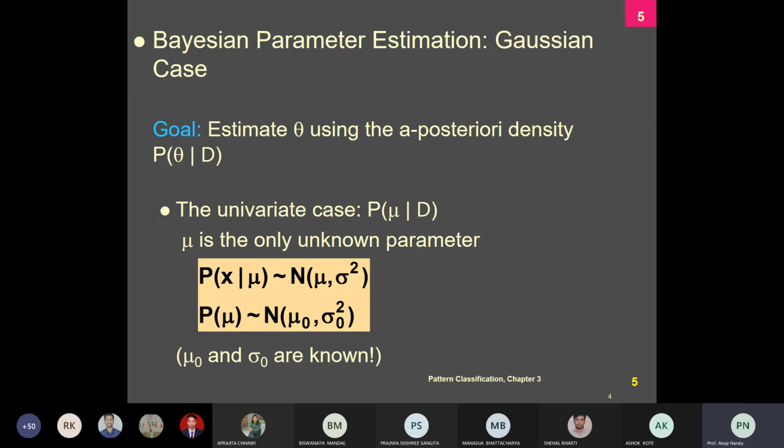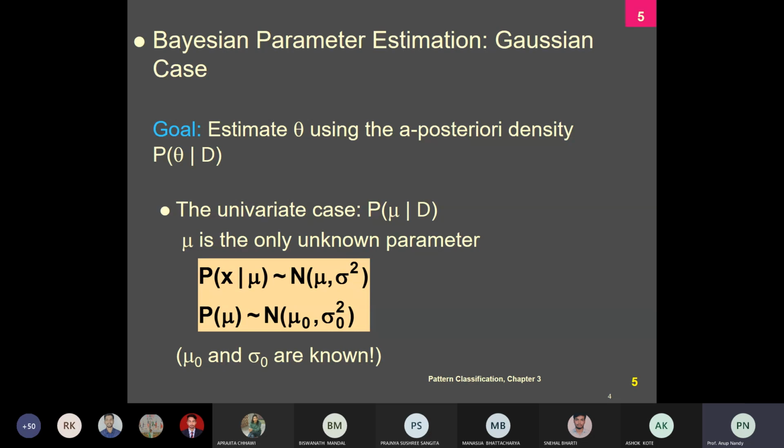Because you can easily estimate its parameters mu and sigma efficiently, it has mathematical tractability, and this function is differentiable.